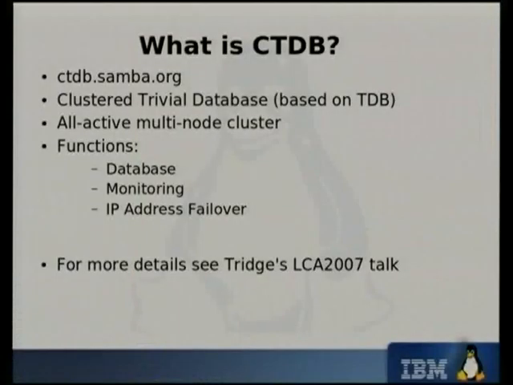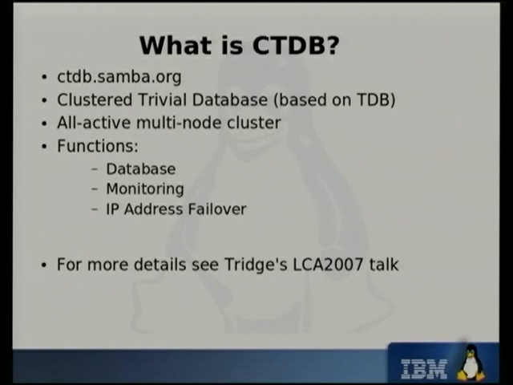Ronnie, what is this CTDB thing? Yeah, ctdb.samba.org is the homepage. It's open source. Basically, it is a very fast but lossy cluster database that's used to store server metadata or the internal server state for example, Samba.